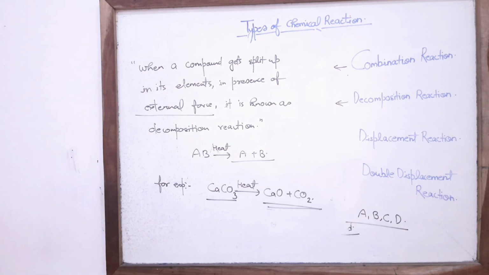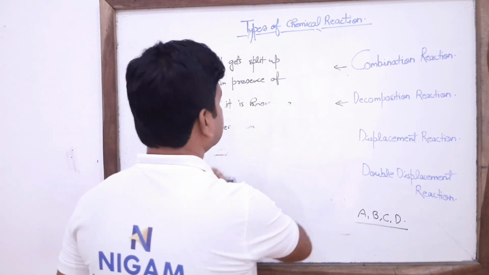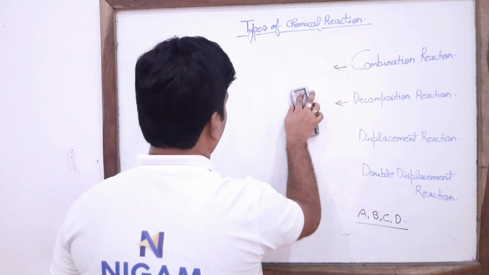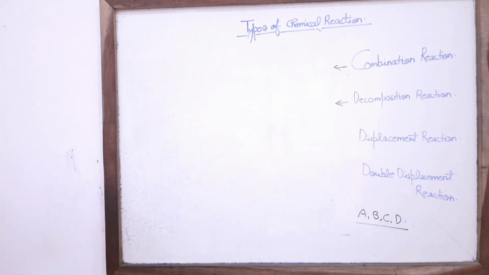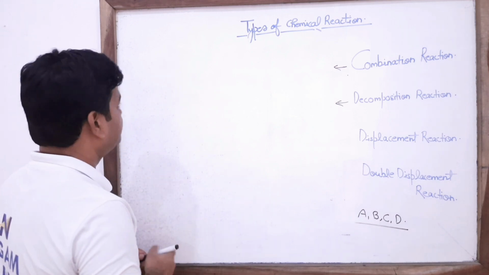Now let us understand about displacement reaction. As the name suggests, displacement reaction means something is getting displaced by something else. Now what will be that something? A more reactive part of an element will displace the less reactive part of a compound.